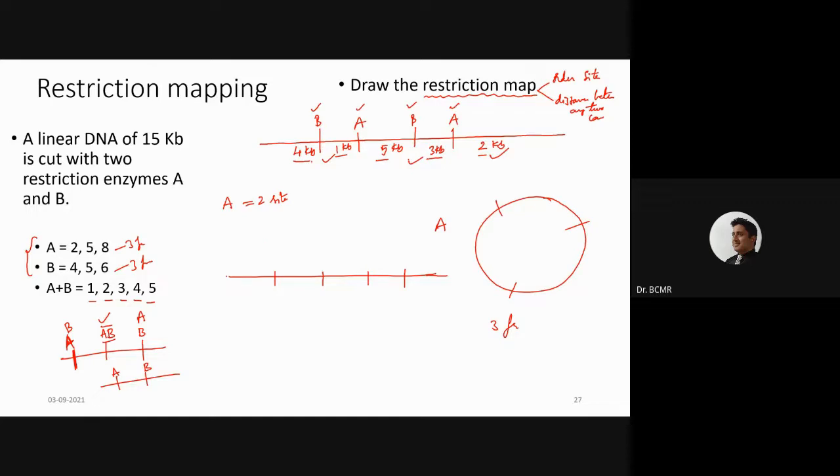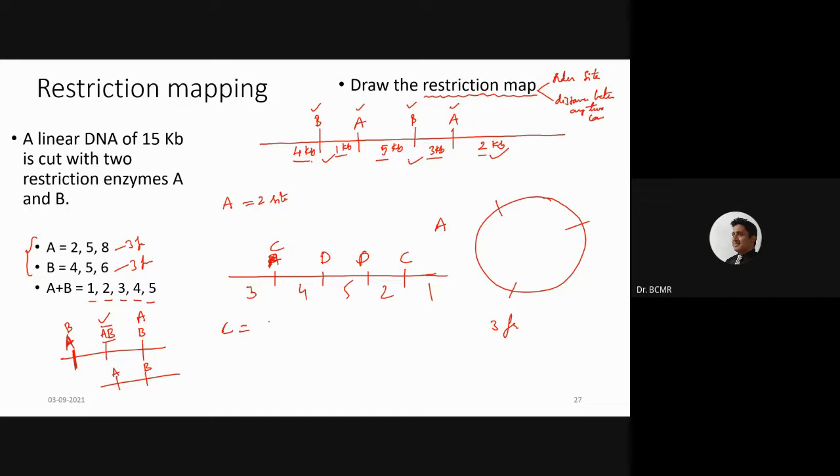Say I have taken a linear DNA molecule, say 3, 4, 5, 2, 1. I gave you a DNA molecule like this, and these are the restriction sites. I'll take new ones: C, D, D, C. If I cut this DNA only with C, what will be the sizes of the fragments?